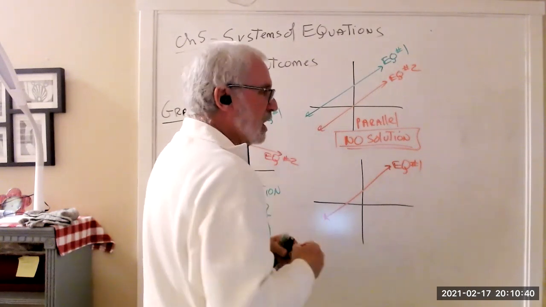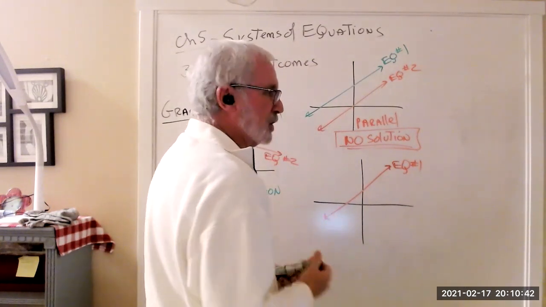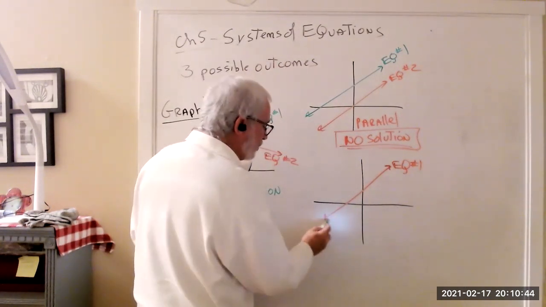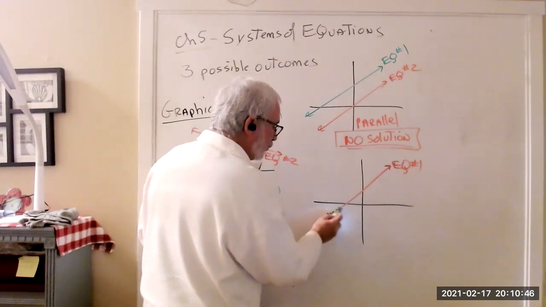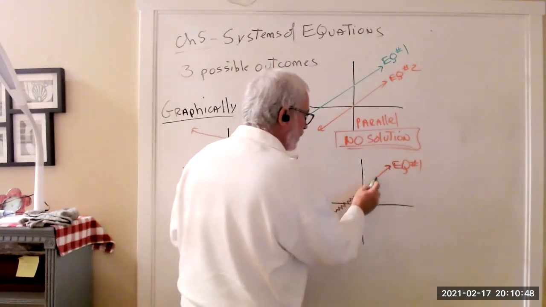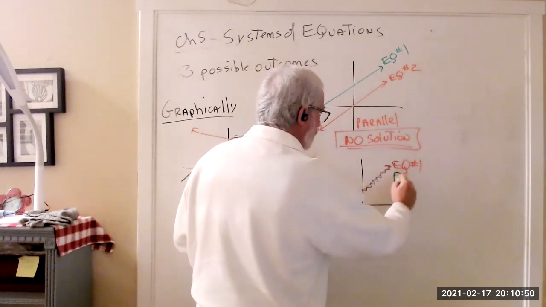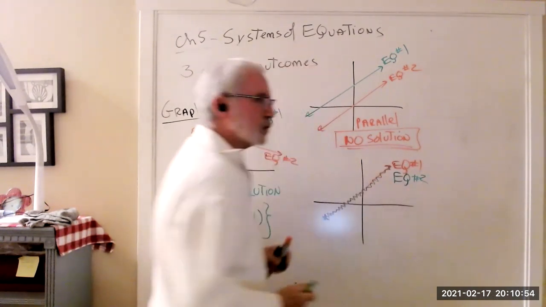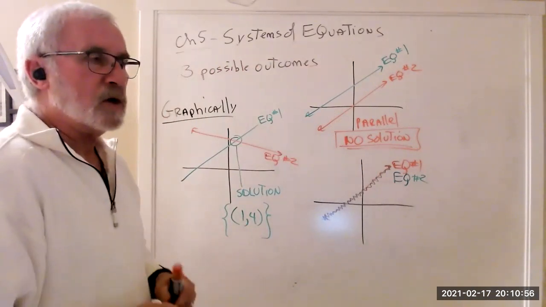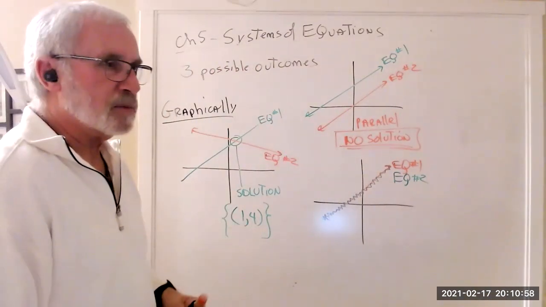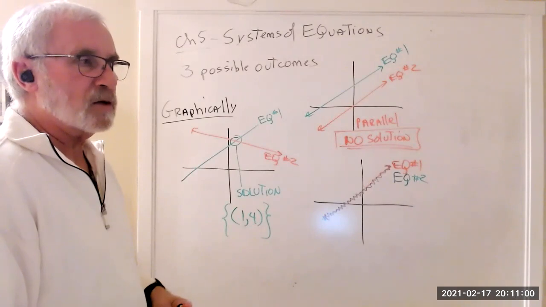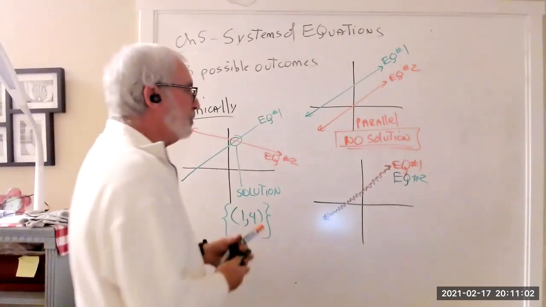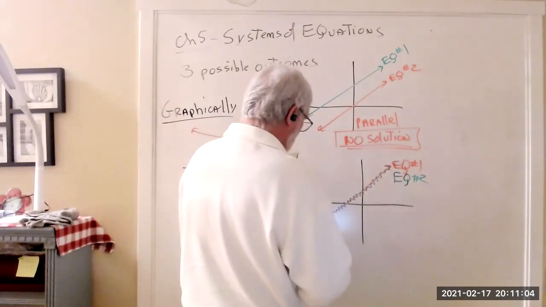And let's say, for some reason, equation number 2 is right on top of it. Okay, this is also equation number 2. Really bizarre. Equation number 1 was there, and equation number 2 turned out to be right on top of it. They ended up being the same line.